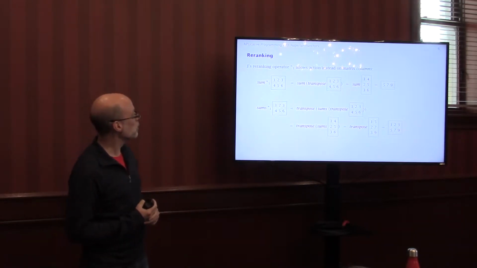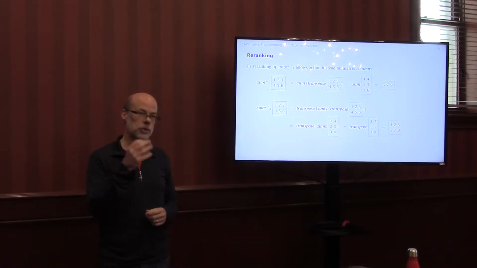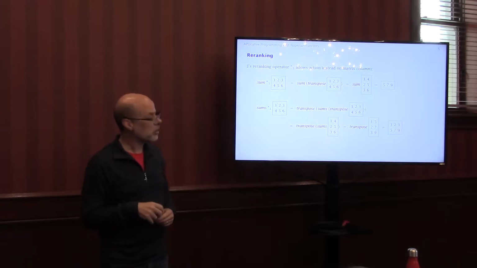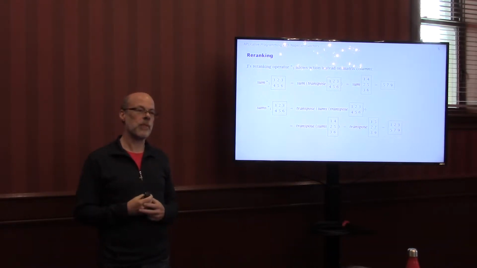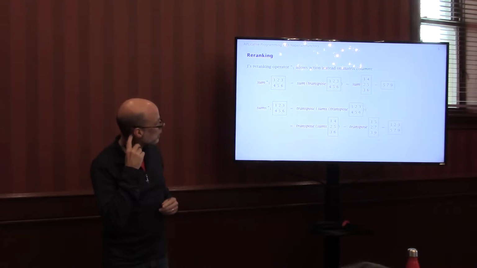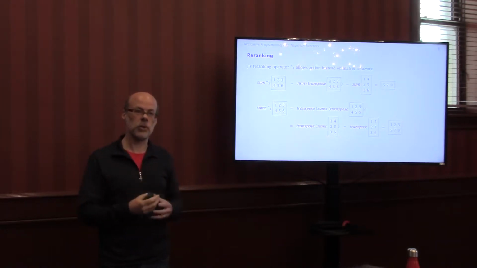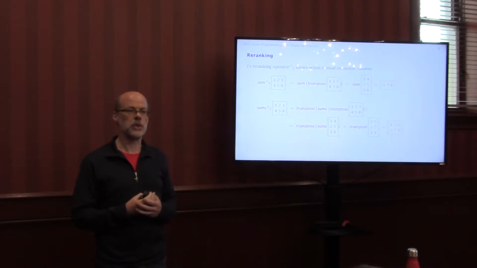So re-ranked sum on the matrix whose rows are 1, 2, 3 and 4, 5, 6 is doing the sum on the columns: 1, 4; 2, 5; and 3, 6. So that amounts to transposing the matrix and then doing the ordinary sum along the rows of the transposed matrix, and that gives you a vector. But it's the column-wise sums rather than the row-wise sums.